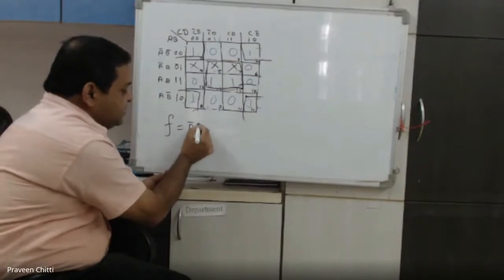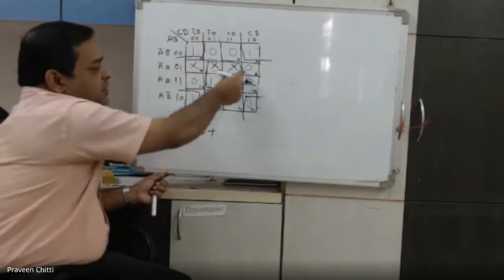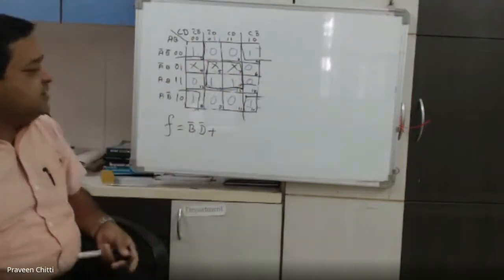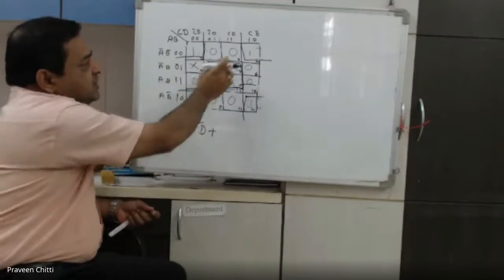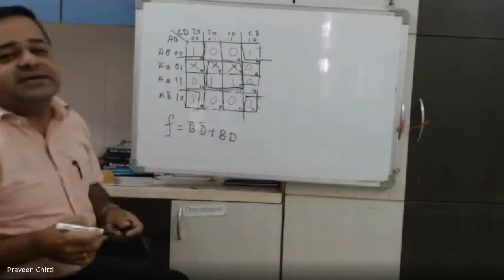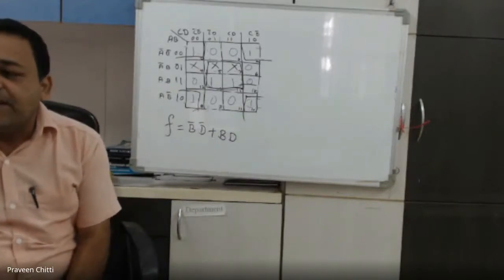B bar D bar. Now what about this? Bhavna, can you tell me the product term corresponding to that quad? BD. How is it BD? Now you should check these 2. It is B, and here it is D. So F equals B bar D bar plus BD. This is how we need to do the simplification using K-map.